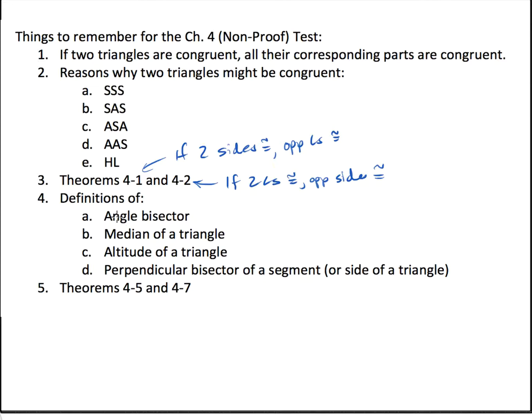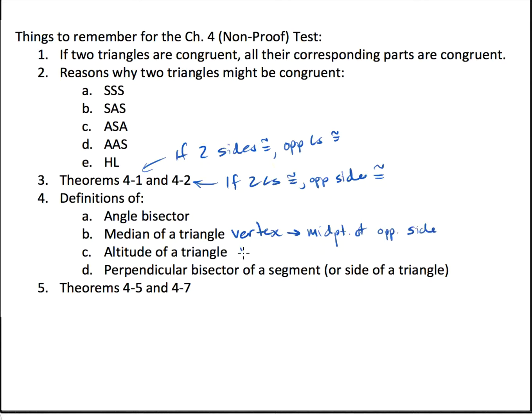Then we looked at some definitions, some things that you're going to need to know for the test. An angle bisector, of course, that's actually something we've looked at before. But if we were looking at a triangle specifically, the angle bisector of one of the 3 angles in a triangle. The median of a triangle, which connects, remember, a vertex to the midpoint of the opposite side.